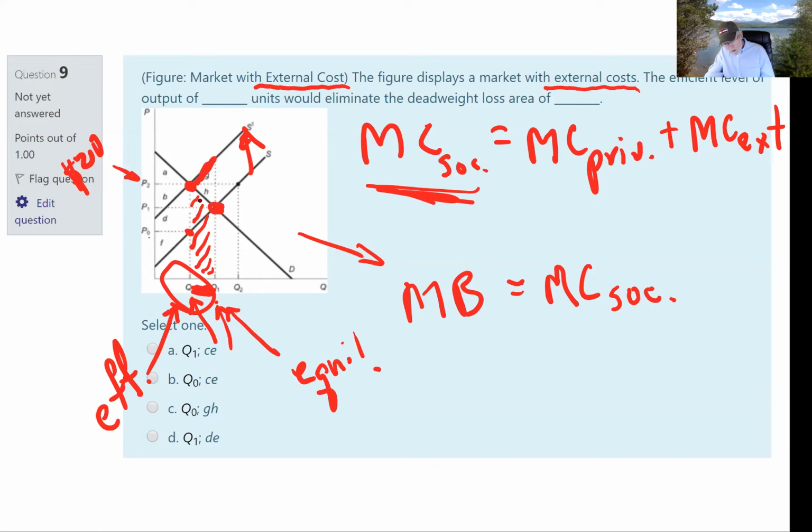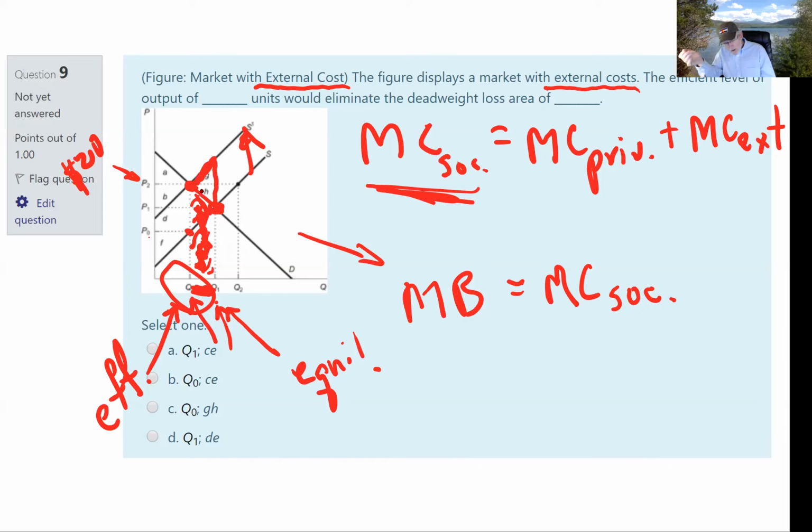So it would be all of this area. Okay. Well, clearly, that area is bigger than the area we have in here. Okay. The cost to producing these extra units exceeds the benefit of those units by this area here.